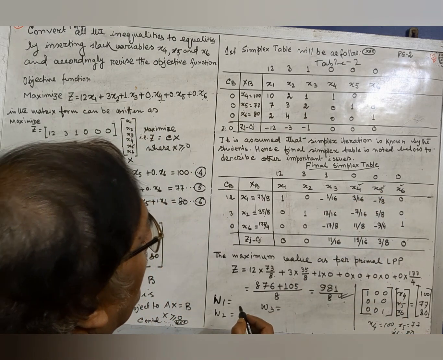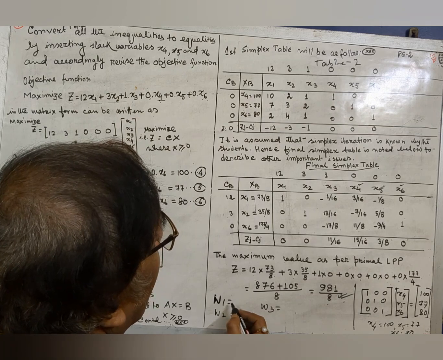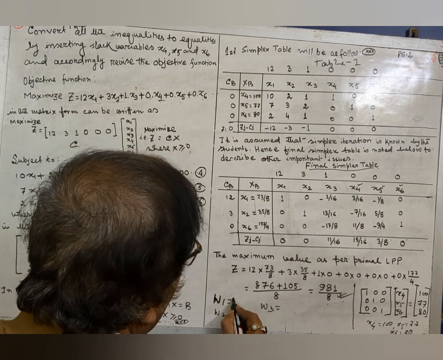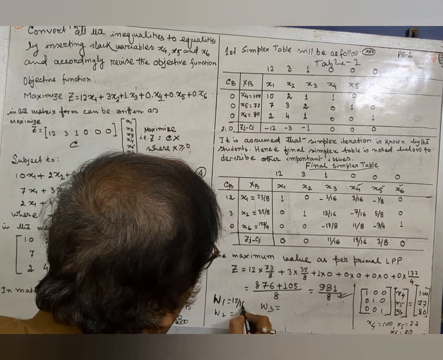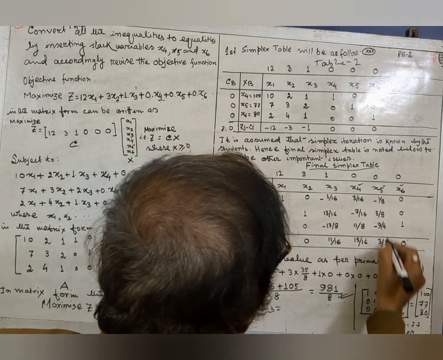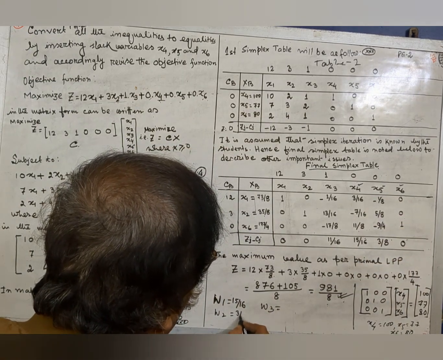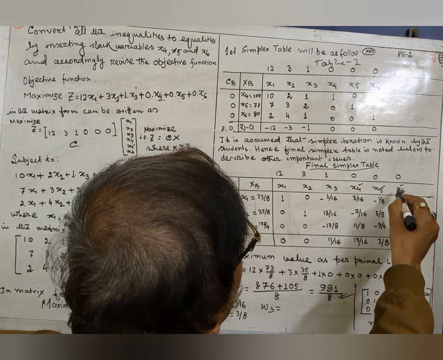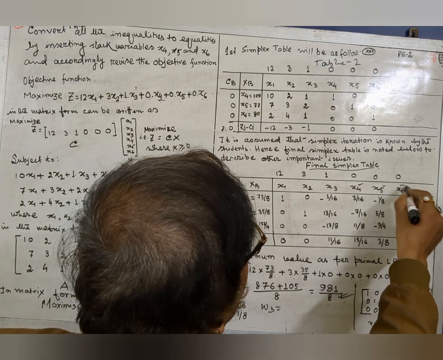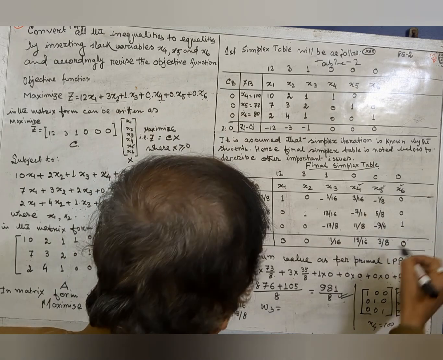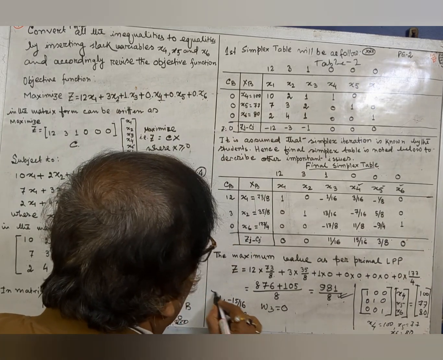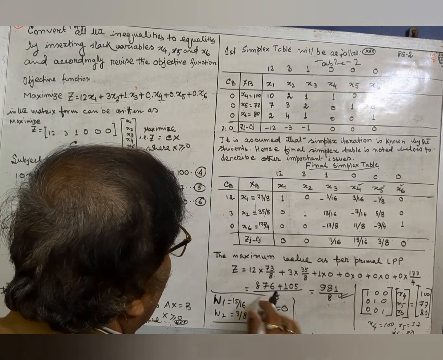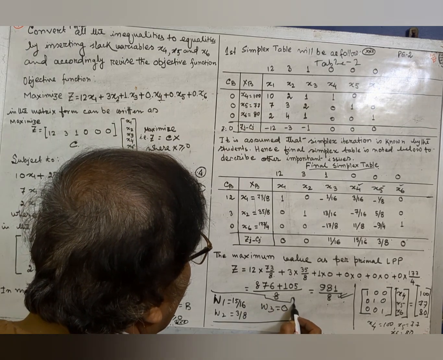That means in the solution of the dual problem, the variable W1 will be 15 by 16, and W2 will be, this is the second one, 3 by 8, and W3 will be, as the slack variable x6 corresponds to W3, 0. That's why it will be 0. This will be the solution for the dual variables.